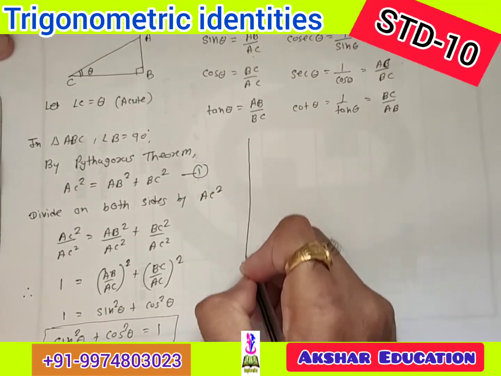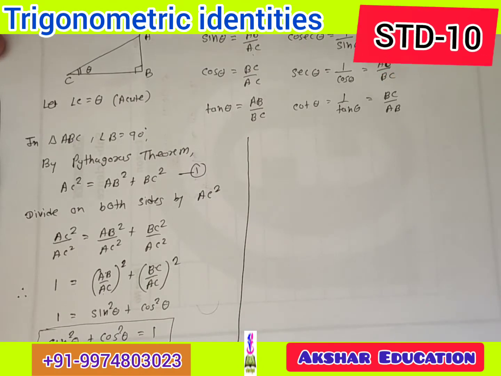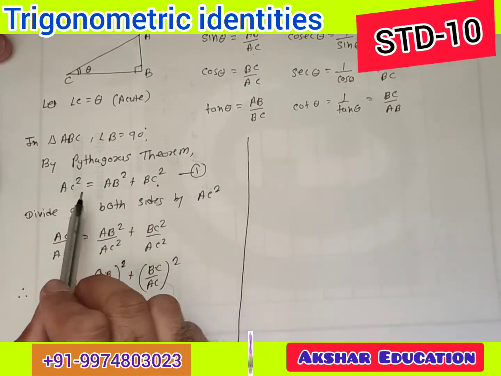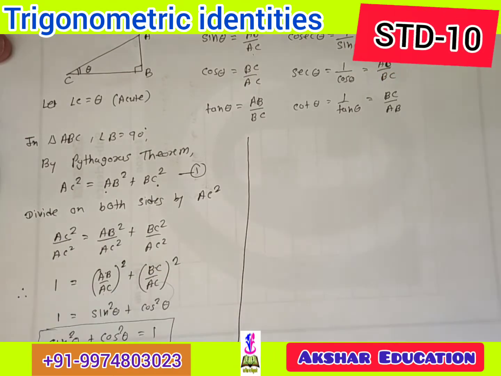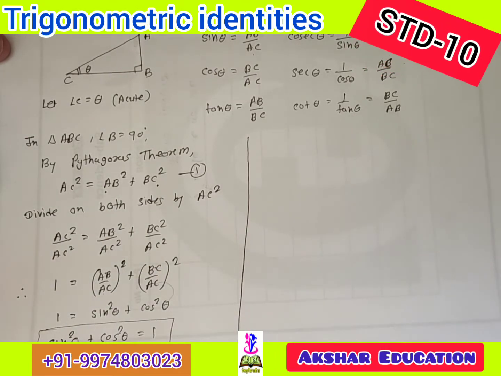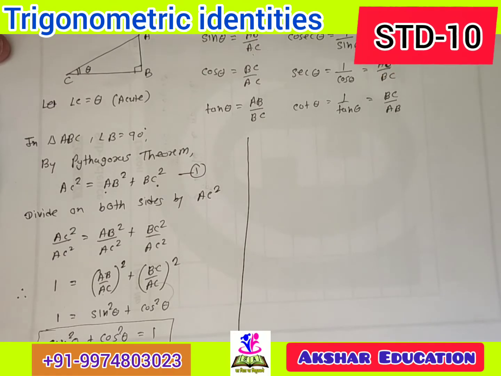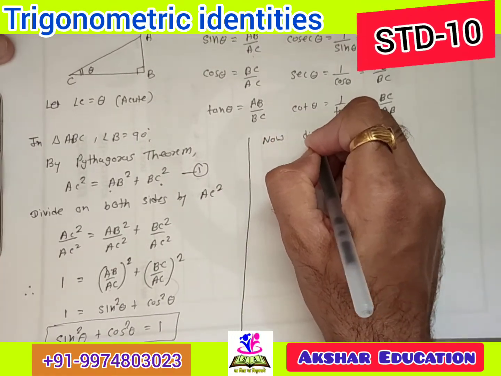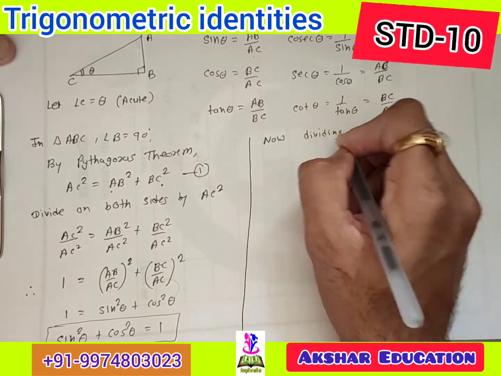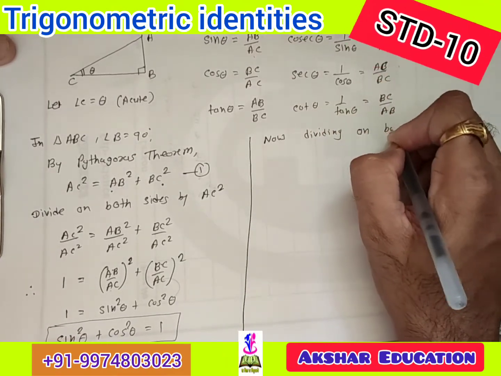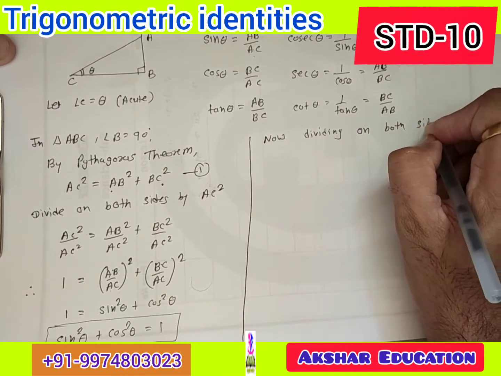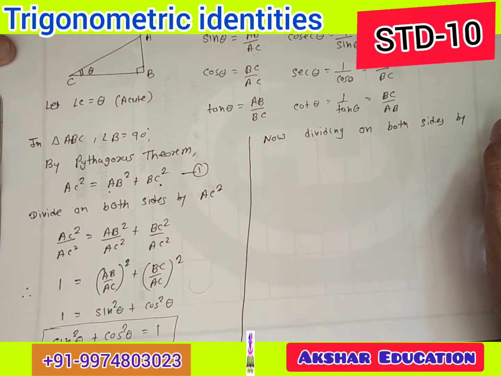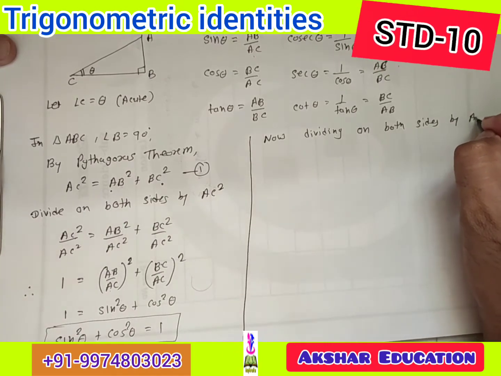Now, for remaining two identities, again we are considering our Pythagoras theorem and dividing this equation on both sides by AB square. Done. Now dividing on both sides by AB square.